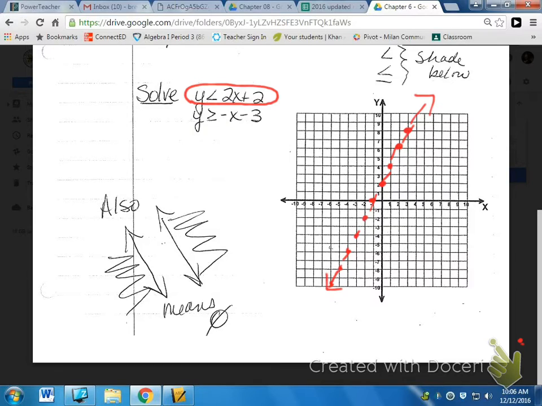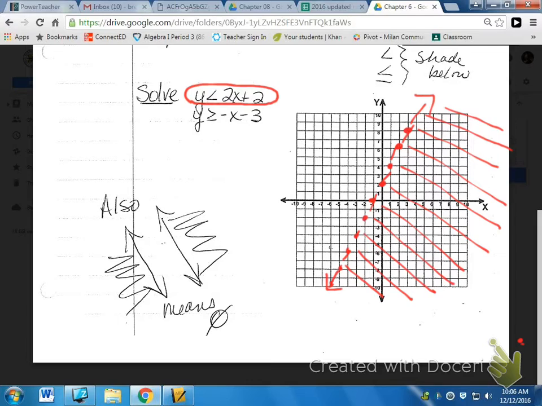And if it says less than, my shaded area should be down here. Now I'm going to do this as lines, you'll see, and I'll kind of make a grid, and you can kind of tell on here. I can't really shade like you can with the side of your pencil.